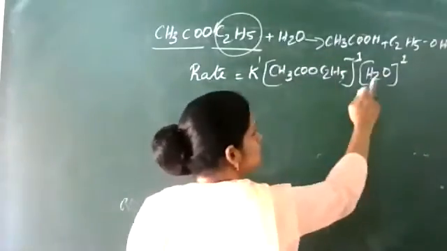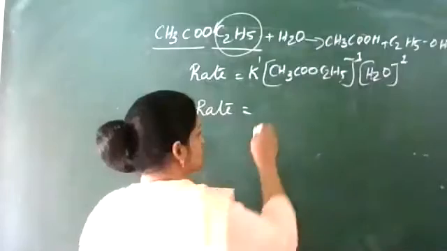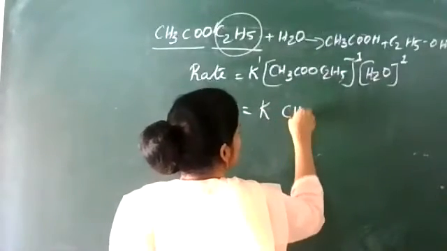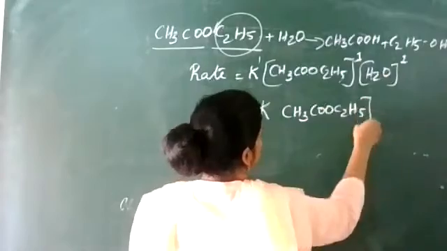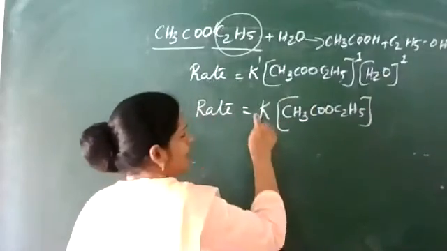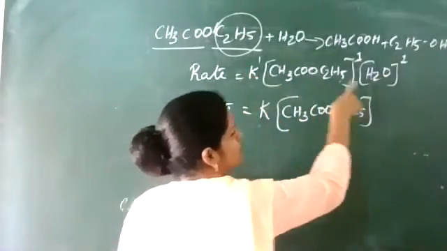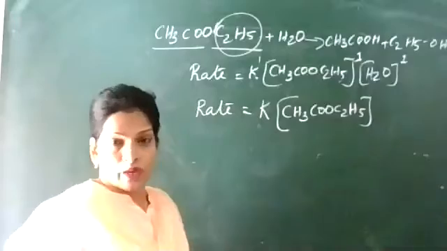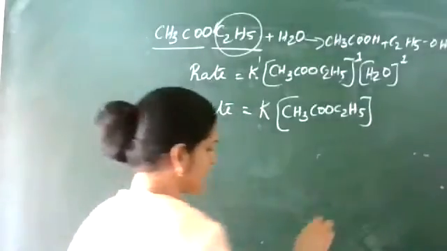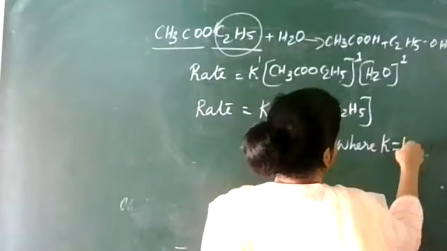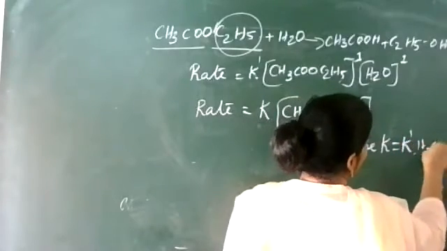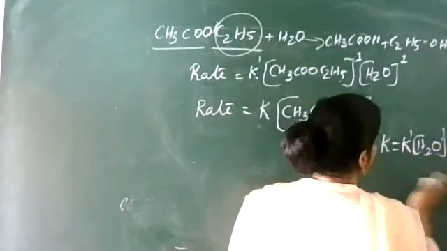A constant times a constant gives another constant, that is K. So rate is equal to K [CH3CO2C2H5], where K is equal to K dash into [H2O]^1.